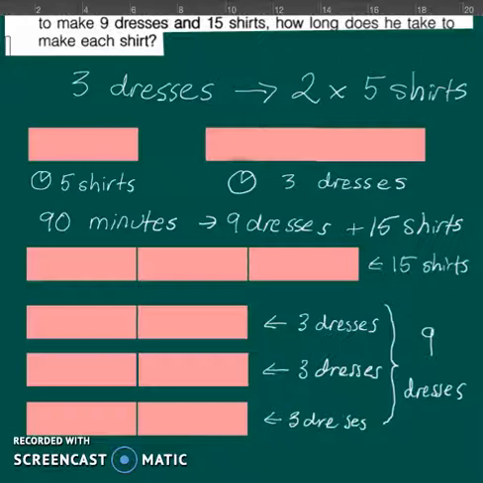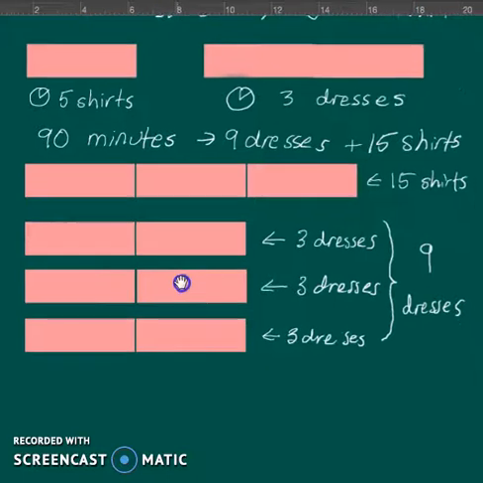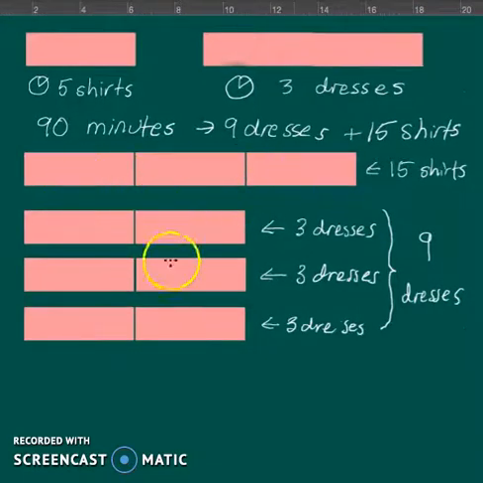Now we're told that it takes 90 minutes to make 9 dresses and 15 shirts. So it takes 90 minutes to make all these things here. And we want to figure out how much one of these bars is worth.